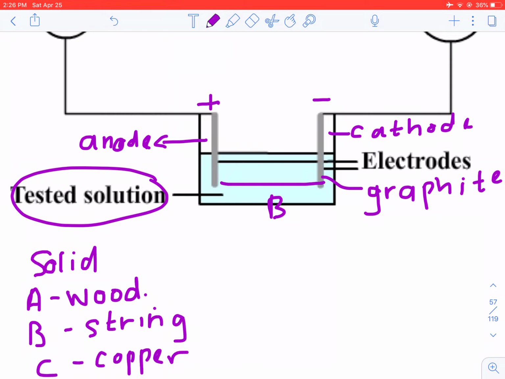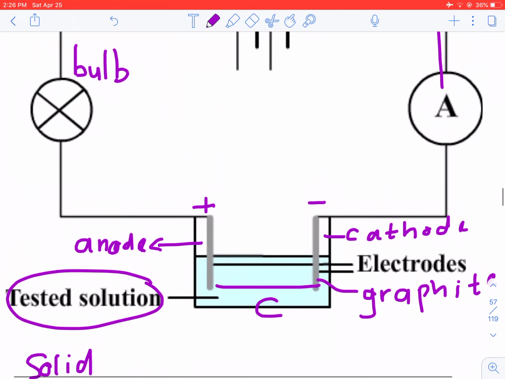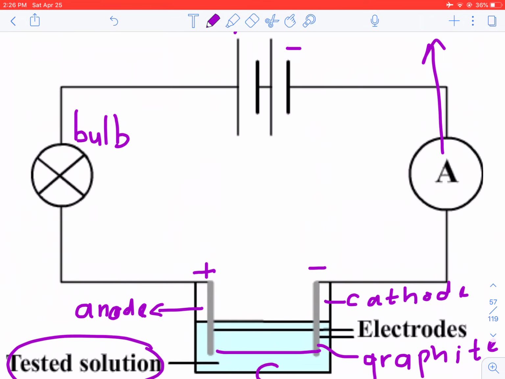But if I now put copper wire here, and I look at my bulb, I find that my bulb lights up, and there's a reading on my ammeter, which indicates that the current is flowing.